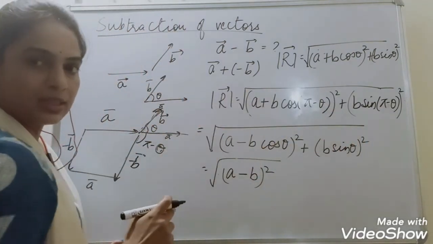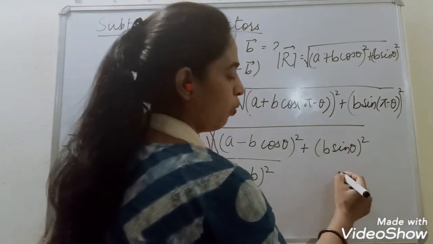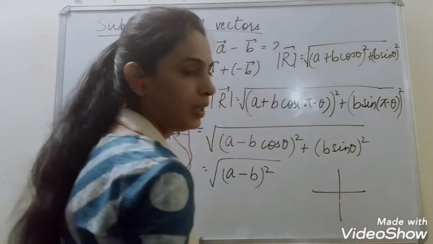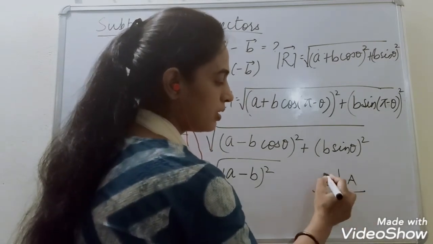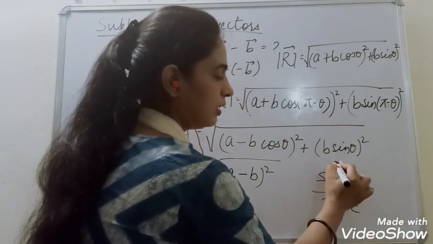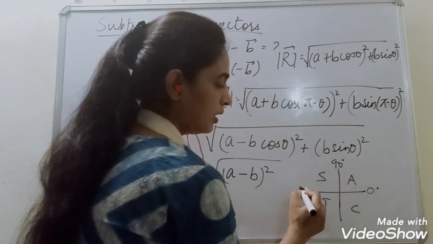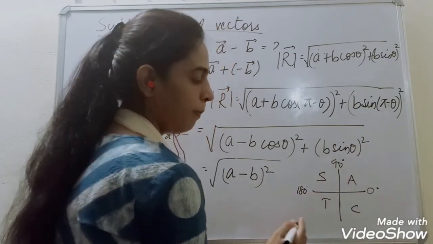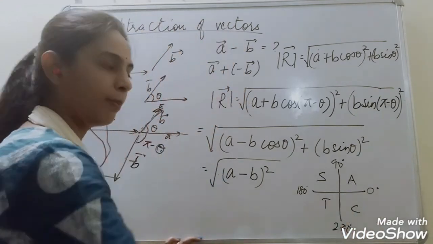To remember this, I hope you must have studied this in class 10th also, but I am giving you one small simple trick to remember. These are the four quadrants: all, sin, tan, cos. This is 0 degree, this is 90 degree or pi by 2, this is 180 degree or pi, this is 270 degree, and this is again, when you come back, 360 degree.